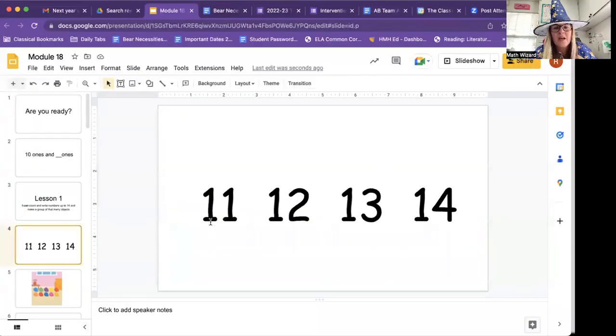Okay, so here we go. We have the numbers 11, 12, 13, and 14. And this is what they look like. They have a 1 and then a number next to them. Remember how we learned about tens and ones last module? Yeah, in module 17, we learned we have 10 ones and 4.